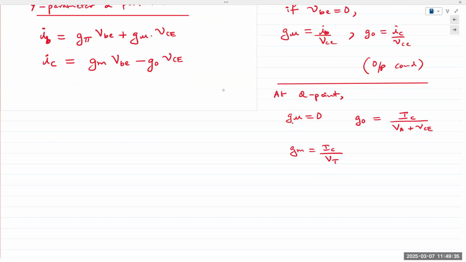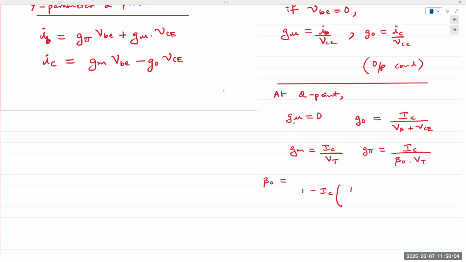Excuse me. g pi can be written as IC over beta O times VT, where beta O is given by the equation 1 minus IC. Don't write it yet.